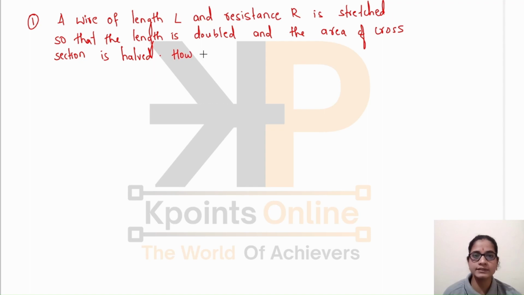How will its A. resistance change, B. resistivity change?